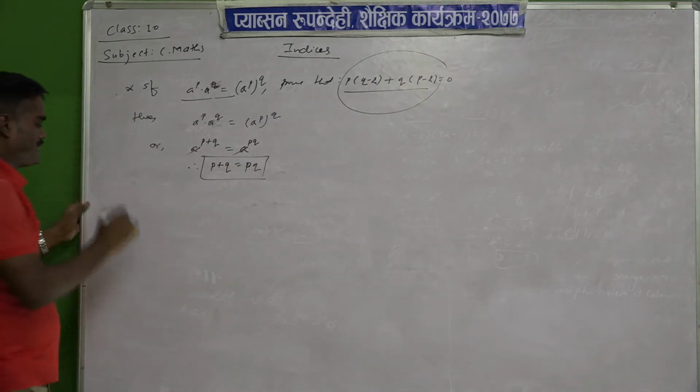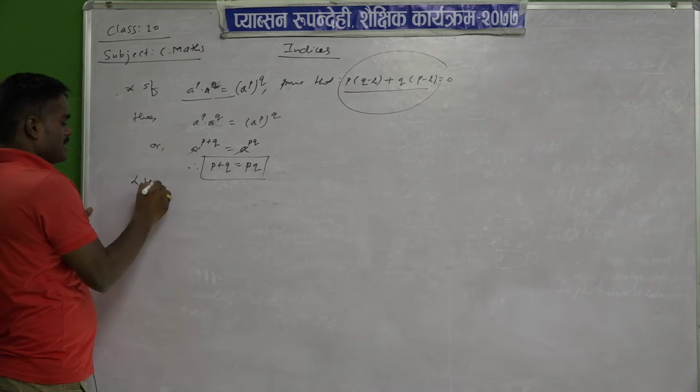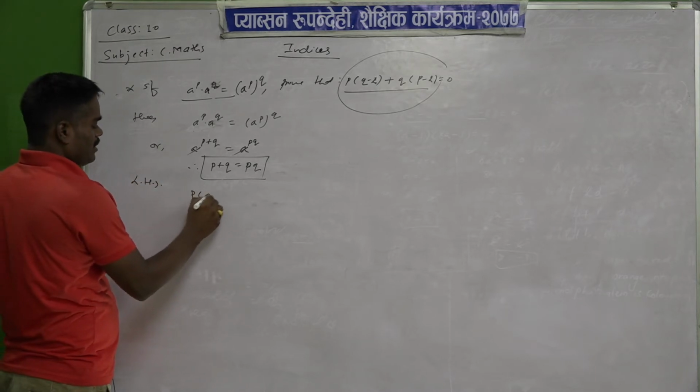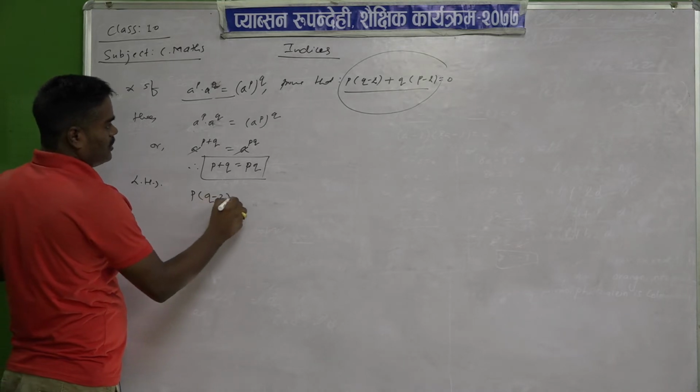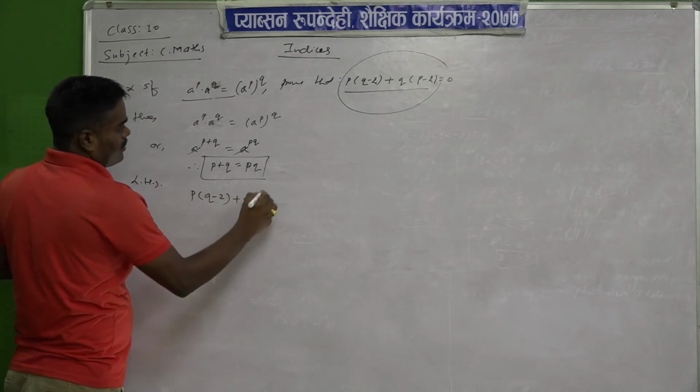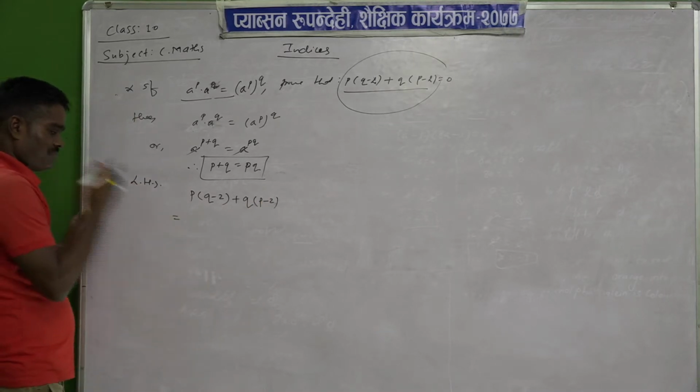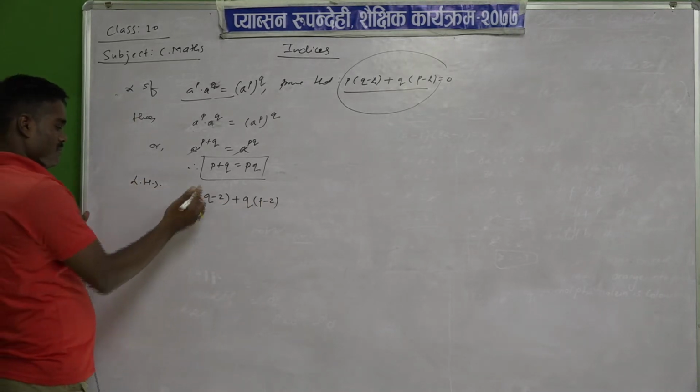So let's see, take the left hand side, what is given? p(q minus 2) plus q(p minus 2). Now open the brackets.